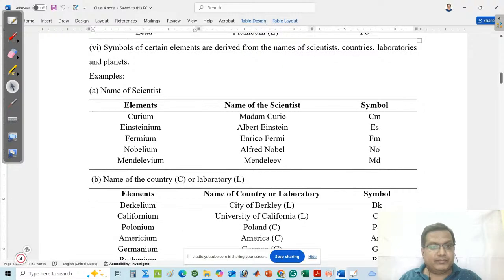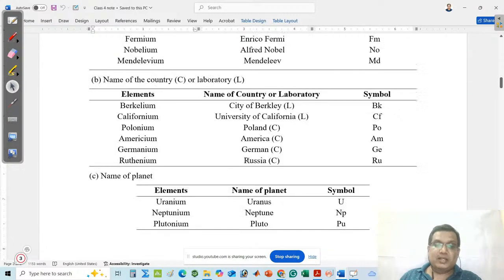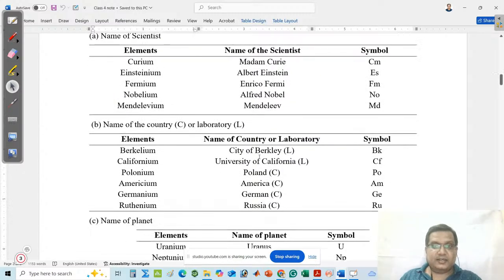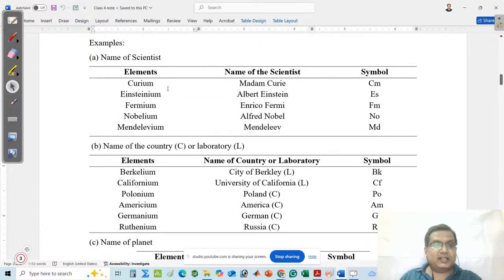Next, some elements also have symbols derived from the name of a scientist, a country, a laboratory, or a planet. Look at that. Here I have given some examples of elements whose symbols are derived from the name of a scientist.